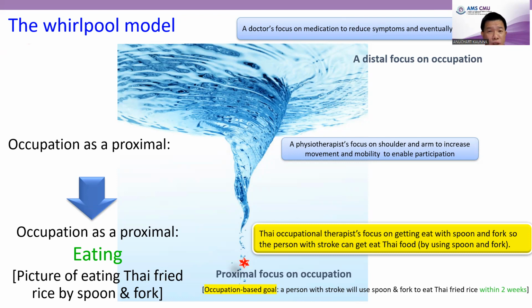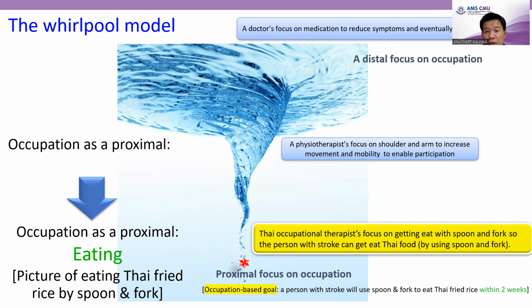We eat fried rice, we don't use chopsticks, right? Knife and fork, okay? This is the Thai way, Thai culture, Thai context. Use fork and spoon. Proximal focus on occupation.